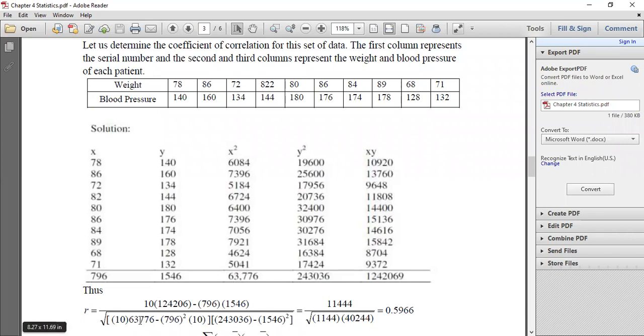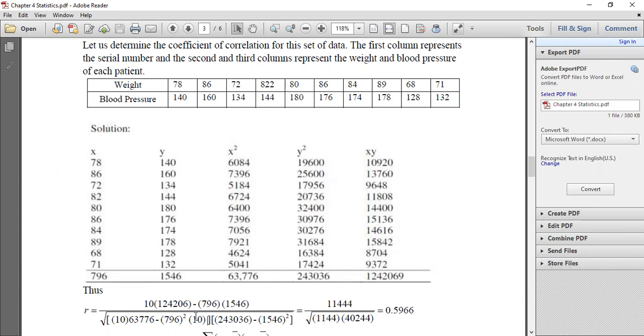Then summation of X squared. So here, summation of X squared here. Then summation of X, but then that part squared. So here there is some typo. So this 10 is supposed to be where we have the cursor here. That's where this 10 is supposed to be. So there was an error in this. So this is a PDF, so I cannot edit at this point, but I will just note that there is an error here.